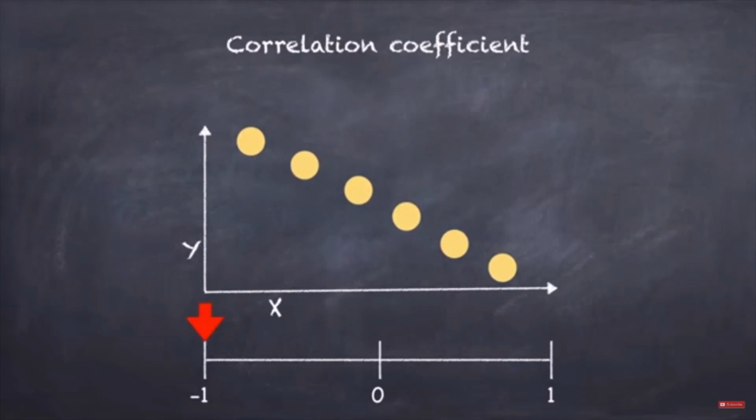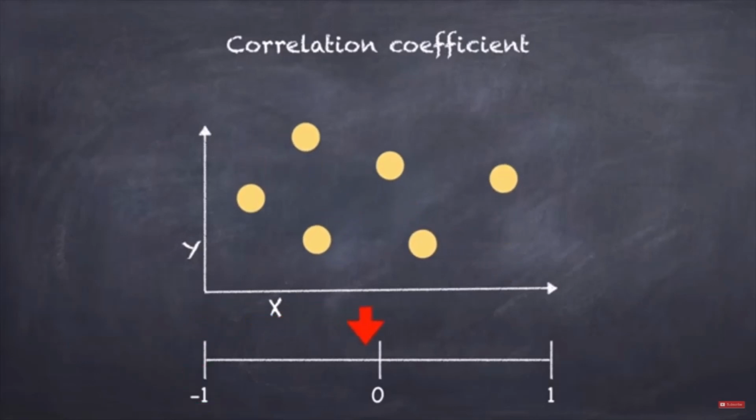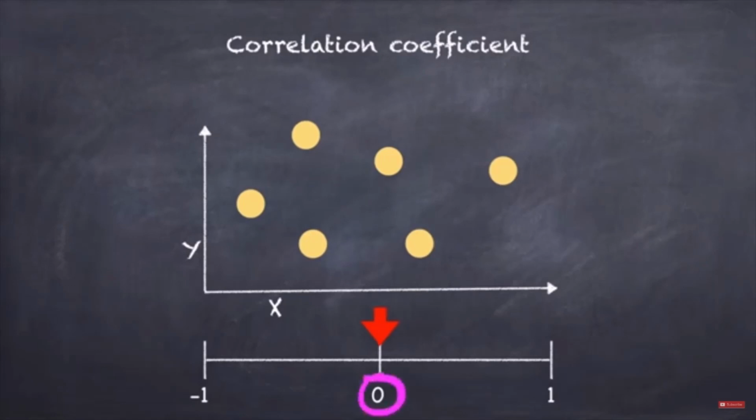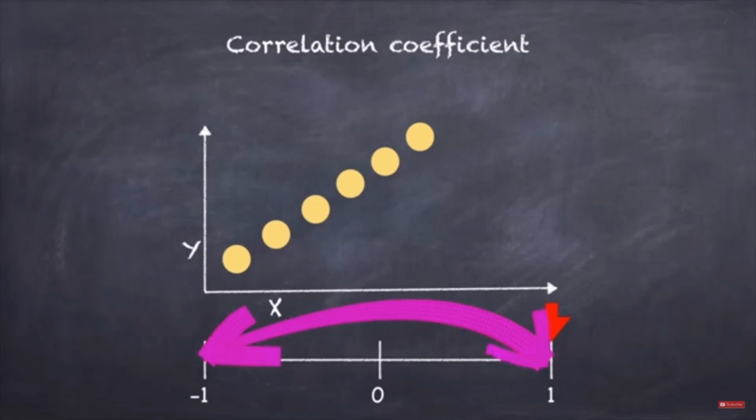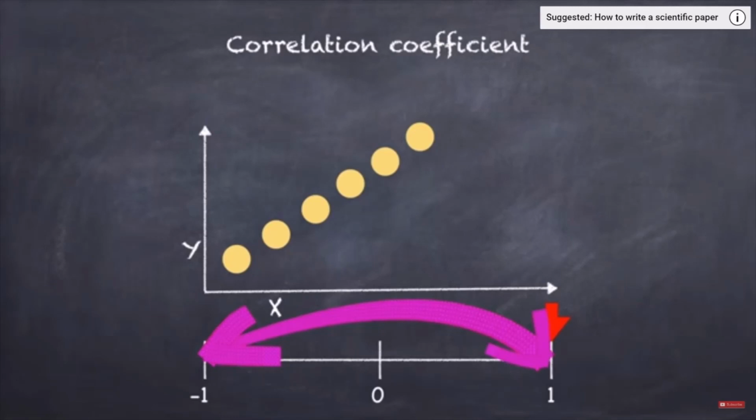You can see that if we slide over to the left hand side, we've got a strong negative, perfectly negatively correlated, which in the real world we very rarely, if ever, get. And if there's no relationship, then the correlation coefficient will be 0, and then we go up to a strong positive, which would be 1, and again, rarely in the real world do we have a positive correlation of 1, but it gives you an idea of how the statistical test works.